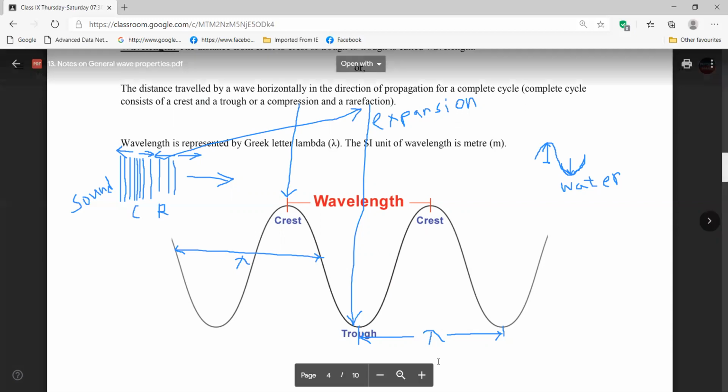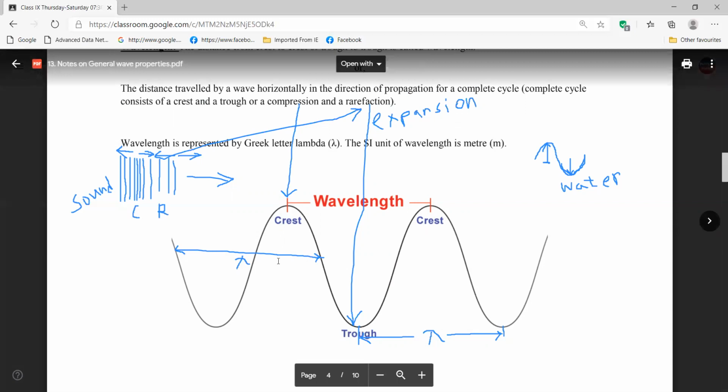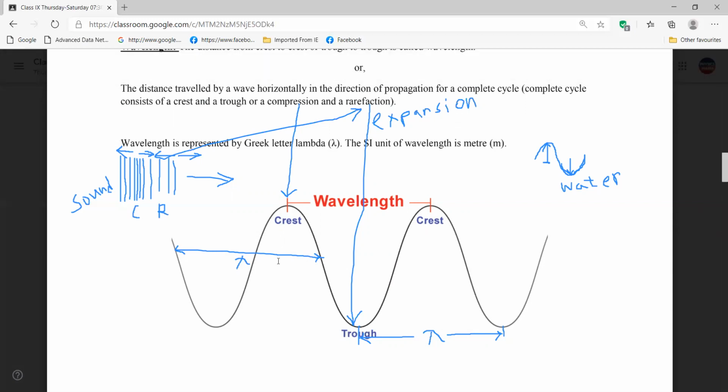Label them this way. This distance is wavelength, lambda. Crest to crest is wavelength. And from the starting of the wave to the end of the wave is also wavelength, lambda. Lambda is the symbol of wavelength.